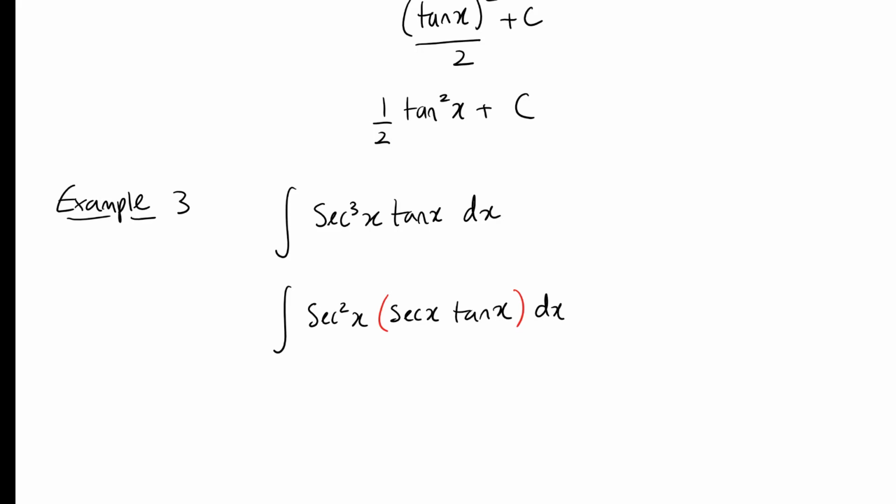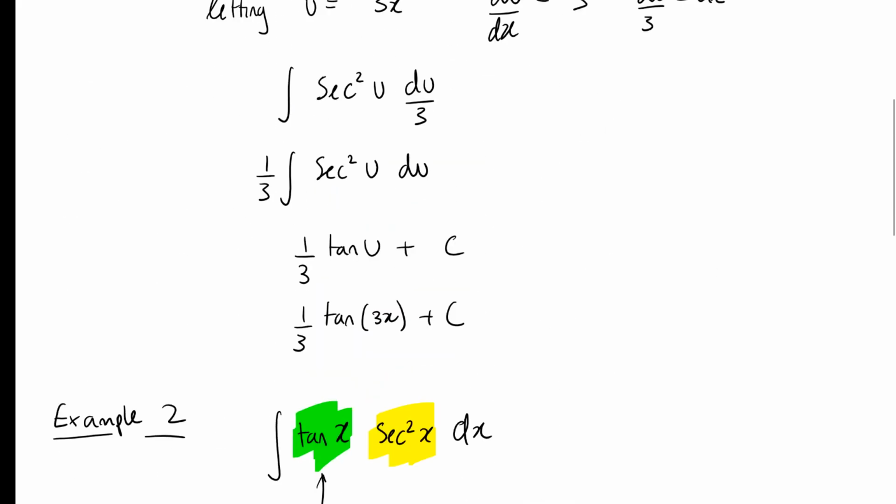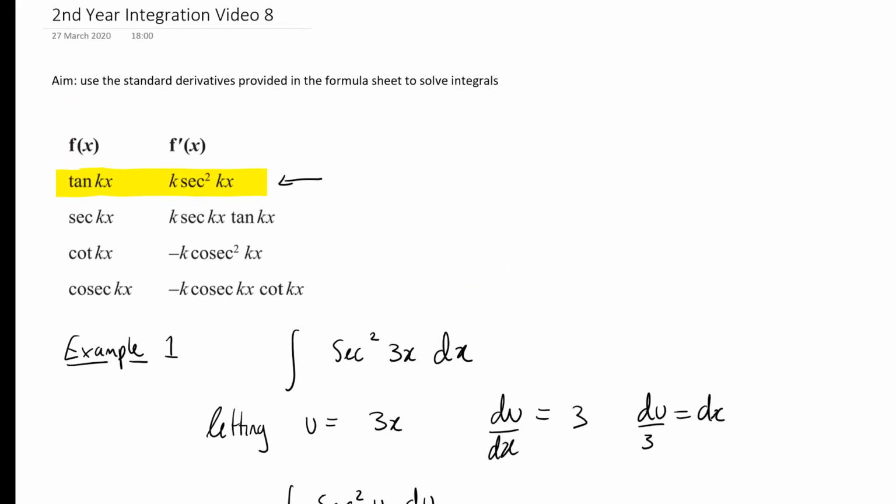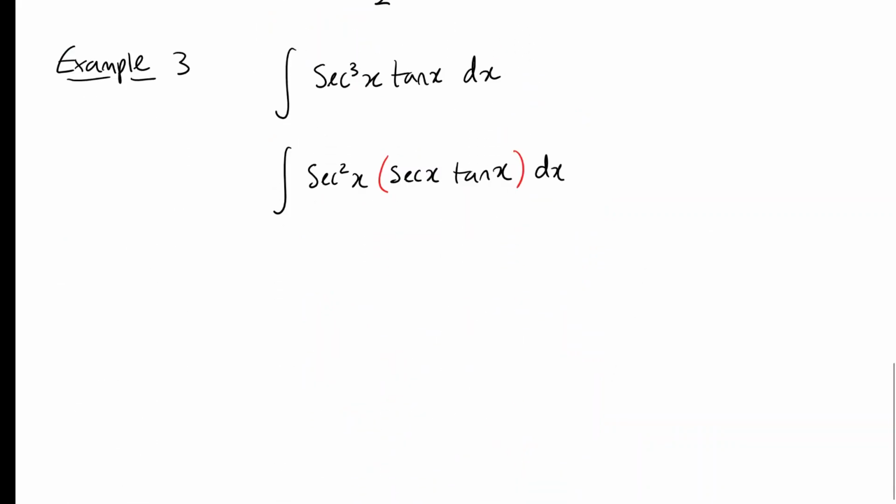If we look back at the set of different derivatives that we're provided with, we can see in this line, the second line, that the derivative of sec x is equal to sec x tan x. So the derivative, again if I rewrite sec squared x so this can be viewed explicitly, the derivative of this is this.